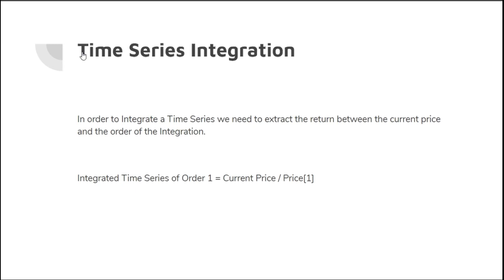I prefer this when we are talking about Forex, and this is my point of view, but always use a percentage return on every asset that you are going to analyze. It doesn't really matter if it is Forex or soybean futures. So to integrate a series of order 1: current price divided by the last price.